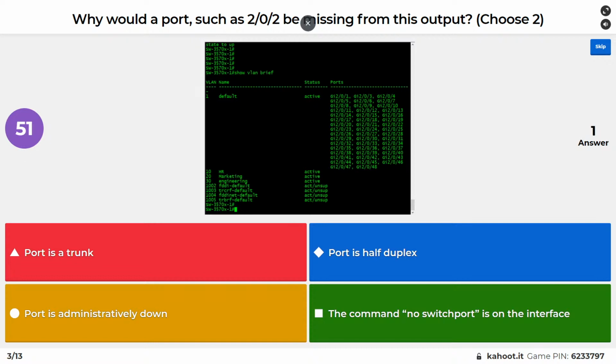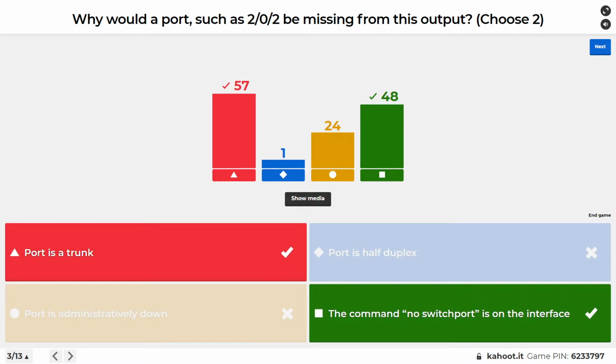Good luck. All right, why would a port such as 2/0/2 be missing from this output?